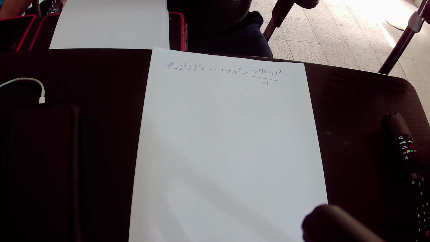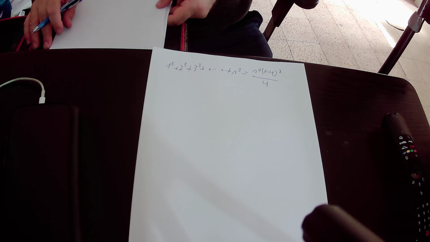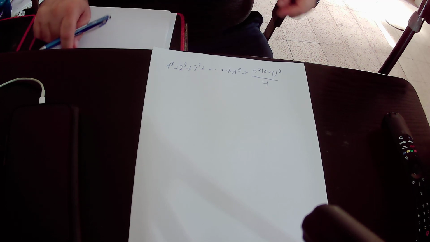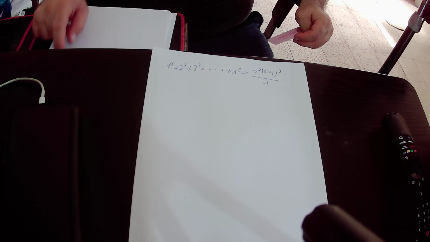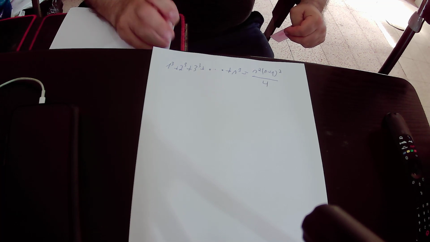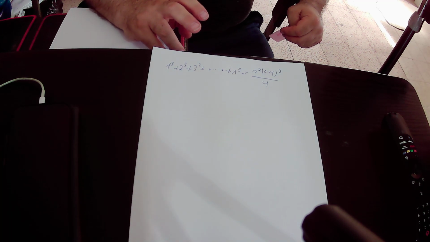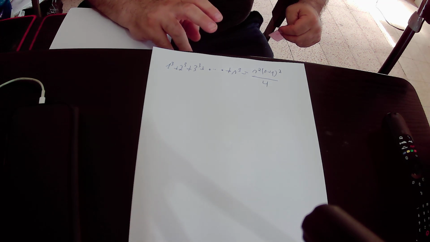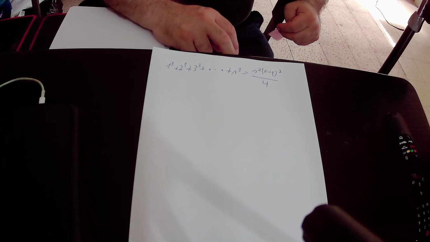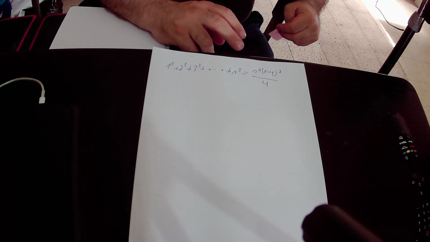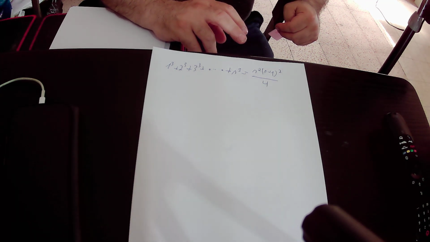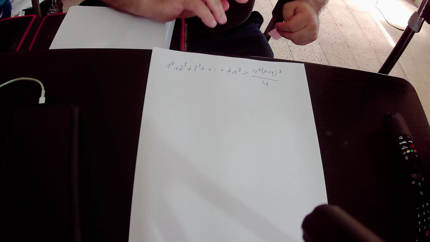I will repeat the statement that we must prove for all natural numbers: 1 to the power of 3 plus 2 to the power of 3 plus 3 to the power of 3 plus n to the power of 3 equals n squared times (n plus 1) squared divided by 4.